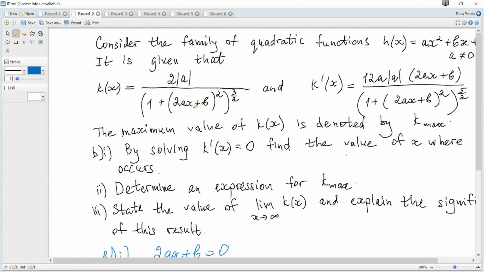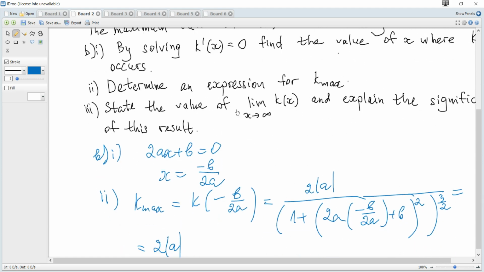When x is very large, this constant b is much less, so we can ignore this, and it acts like some constant divided, and also 1 is much less, so it acts like some constant divided by infinity to the power of 2 times 3 over 2, so cubed. So some constant divided by a very large positive value, so the answer is a very small positive value, or the limit is 0.